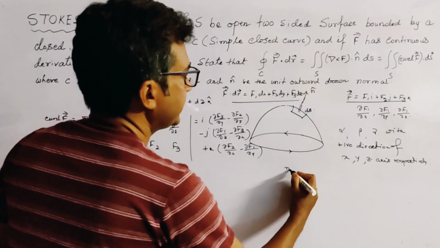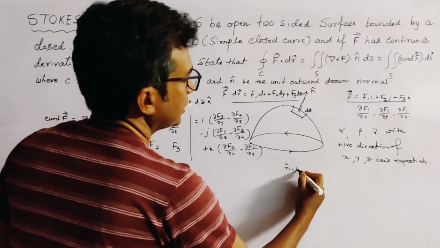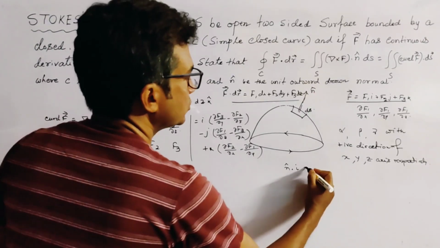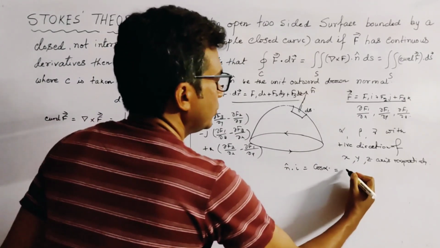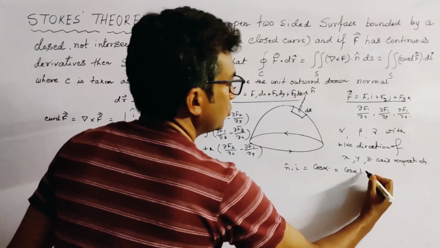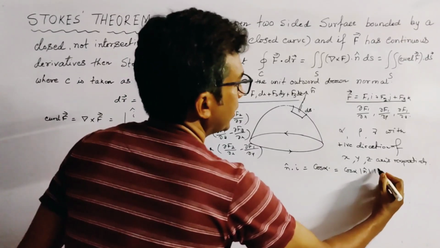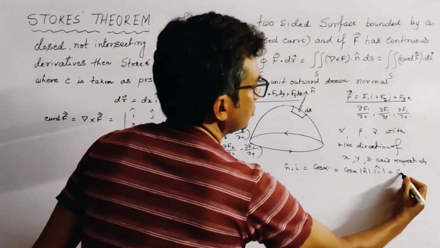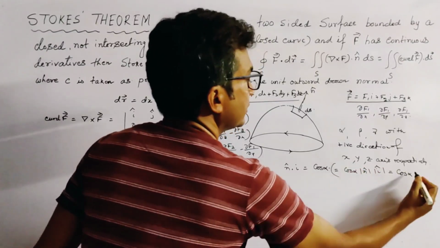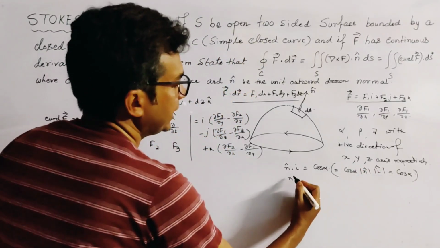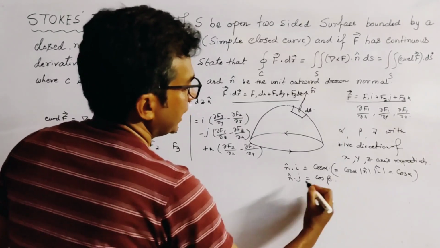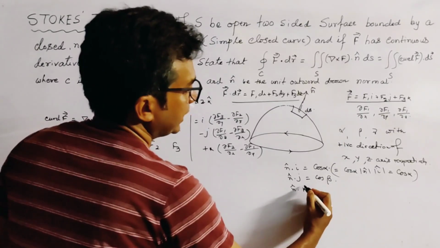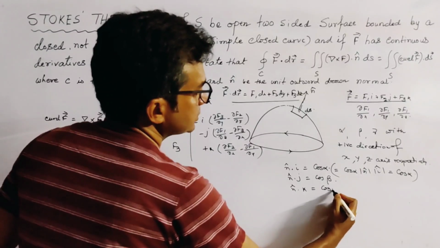Then n cap dot i is obviously cos alpha, because this is equal to cos alpha into mod n cap into mod i cap. Similarly, n cap dot j is equal to cos beta, and n cap dot k is equal to cos gamma.